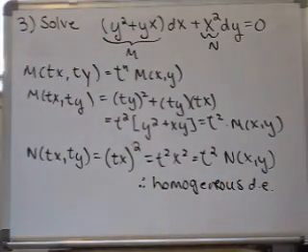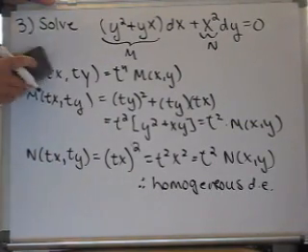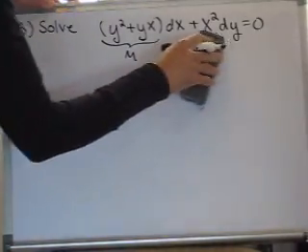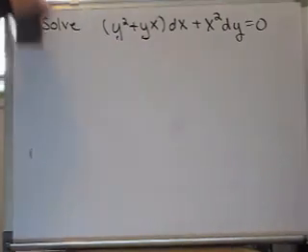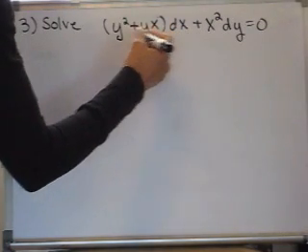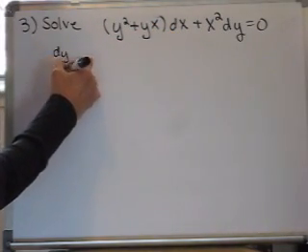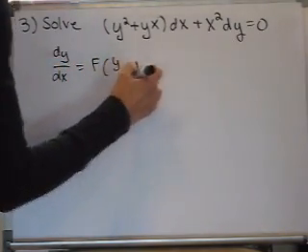So we can solve this by substituting, but first we need to put it in the right form. So let me do the first step in solving this differential equation. Now that I know it's homogeneous, the first step is to solve for basically dy/dx on one side. And so let me divide through. I'm trying to get this differential equation in the form dy/dx equals some function where the variable is y over x.